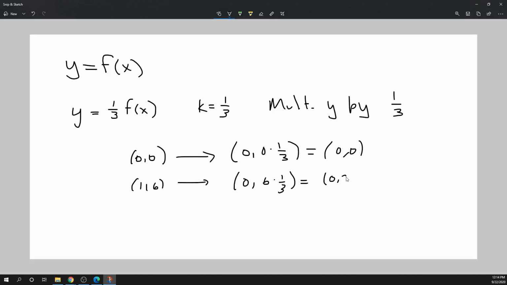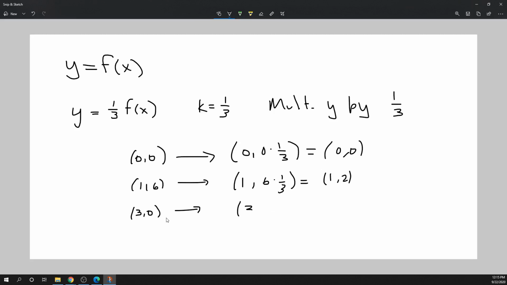So that point will get moved to 1, 2. And I believe the last point was 3, 0. So we would need to figure out where that point gets moved to. Oops, I messed up here. I wrote the wrong x value. We multiply the y value by 1/3, but do not change the x, right? So this should be 1, 2.